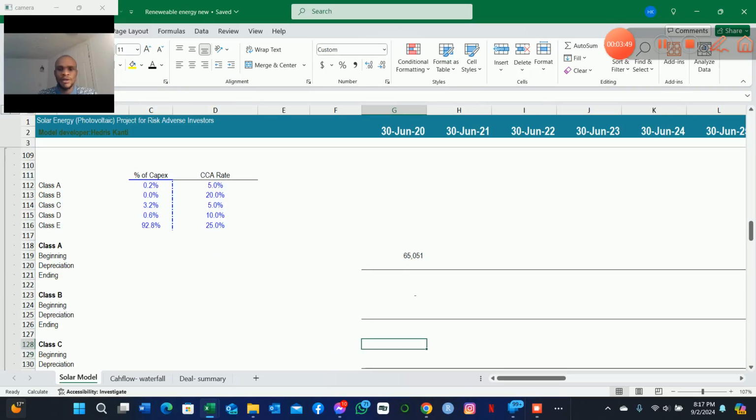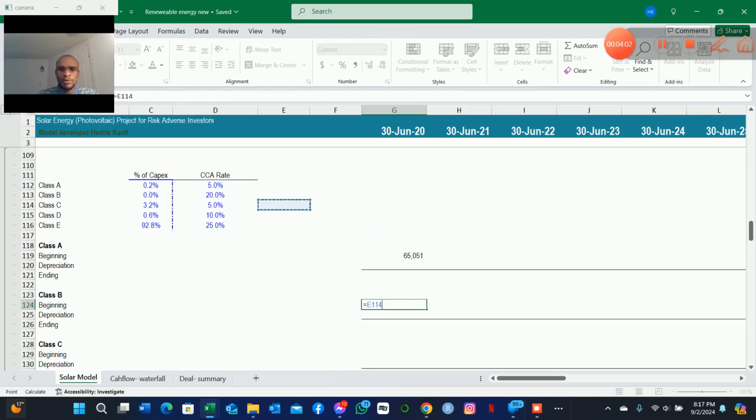Do the same for class C. Actually, it's supposed to be one cell below. Take this number, multiply it by K21 reference with F1. And then for class C, we have to do that manually each time. Take that number, multiply it by K21.